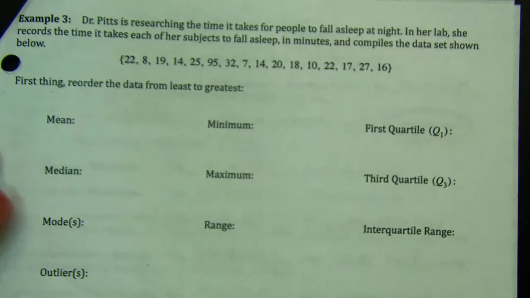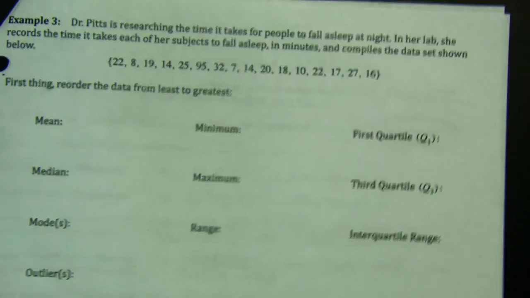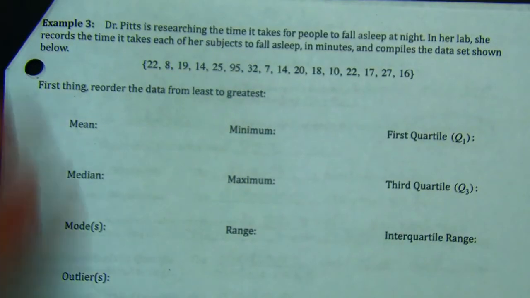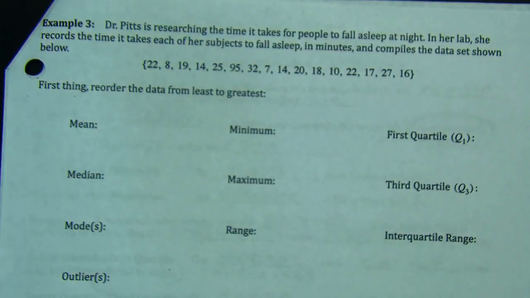All right, turn the page. So this was a bunch of data that represents the time it takes for people to fall asleep at night. It was a research project done by this Dr. Pitts. So with your table partner, work through all the questions.